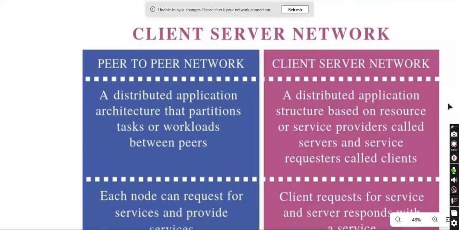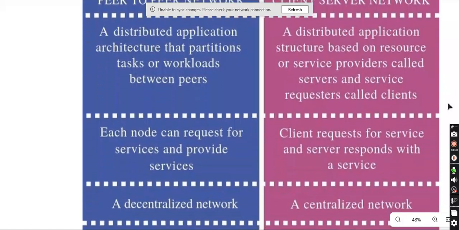Now let's move on. In P2P, each node can request services and provide services. Any node that is connected to the internet can ask for services, like calling someone else. All nodes that are connected to each other are equal.